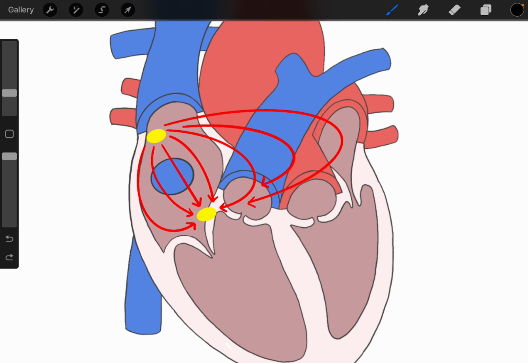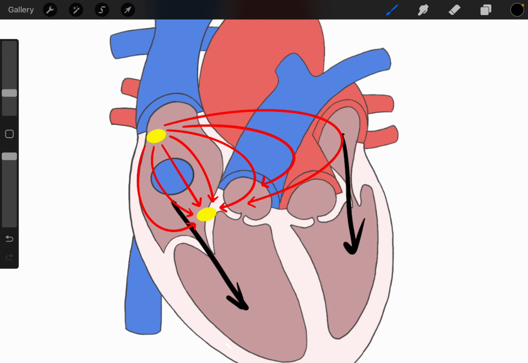Essentially, you have nerves around your atria that will send impulses through the muscles that surround the atria. When that happens, those muscles will contract. When the muscles around the atria contract, it pushes the blood down into the lower chambers of the heart.